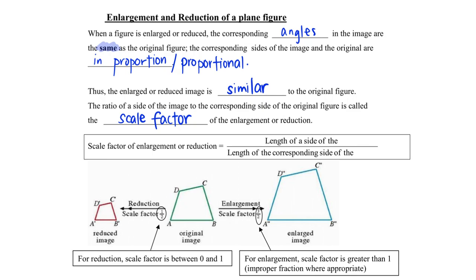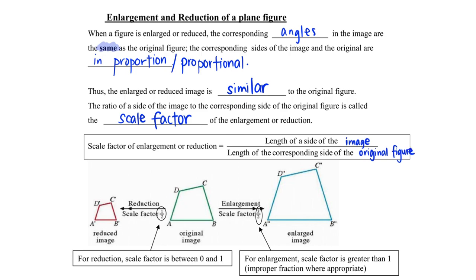The next line will share with you the formula, okay? The scale factor can be calculated by taking the length of the side of the image divided by the length of the corresponding side of the original figure.